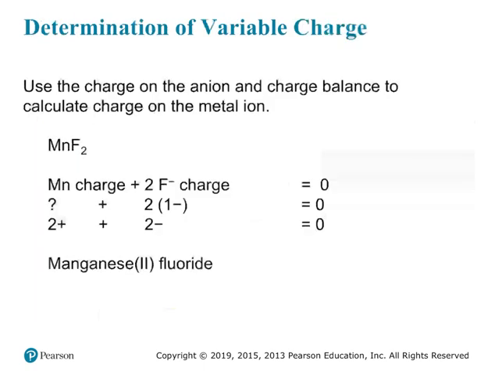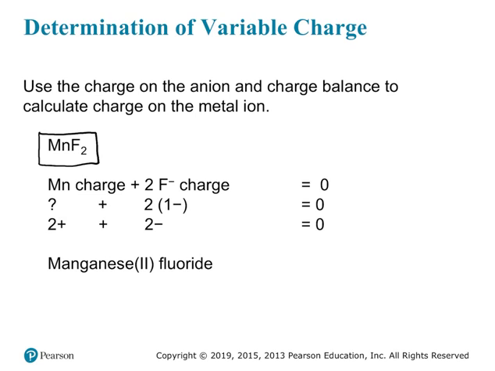So for example, let's say we're given a compound, manganese something fluoride. We don't know the charge on manganese because manganese can have multiple charges, right? However, we can figure out the manganese charge based on how many fluoride ions it's bonded to in this compound.